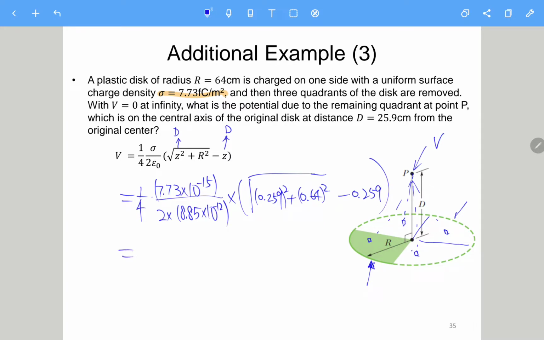So the value is 4.71 times 10 to the minus 5th power V.